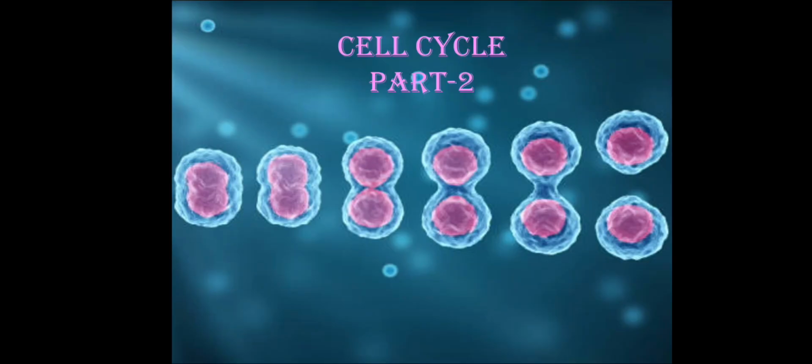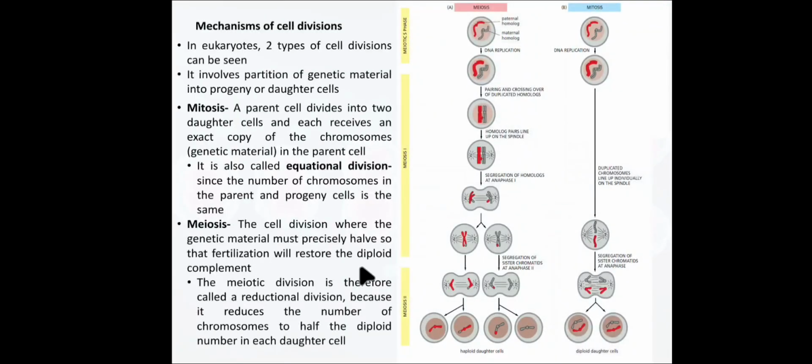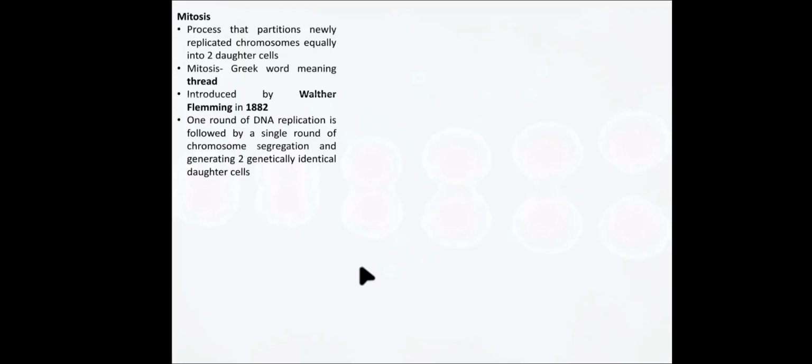And also we started off the stages of M phase pertaining to mitosis division. Mitosis is the process that partitions the newly replicated chromosome equally into two daughter cells. The term mitosis was derived from the Greek word meaning thread. It was introduced by Walter Fleming.